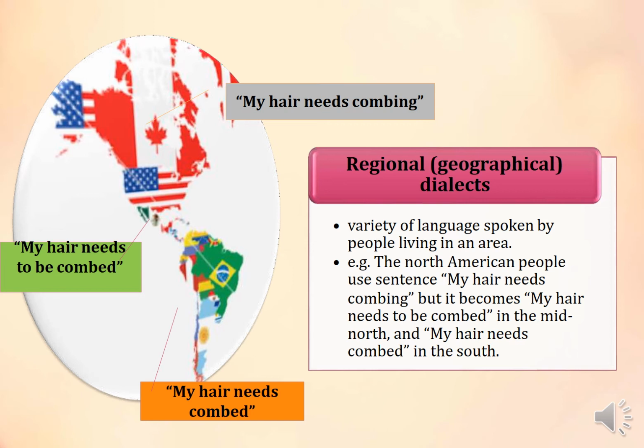One language might have different dialects, and a dialect is where we have geographical or regional boundaries. Even North American people use the sentence "my hair needs combing" at the border side, but in the center of North America, in the mid north, they use "my hair needs to be combed" instead.